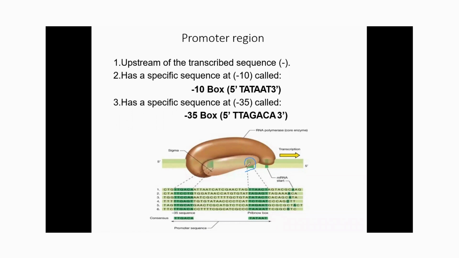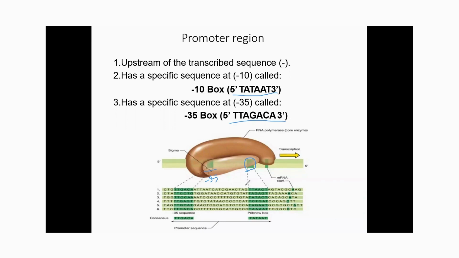At this -10 region, the sequence 5' to 3' is TATAAT, also known as the TATA box. The -10 sequences are also known as the TATA box. Further upstream, the -35 sequences are present, and these are TTGACA.